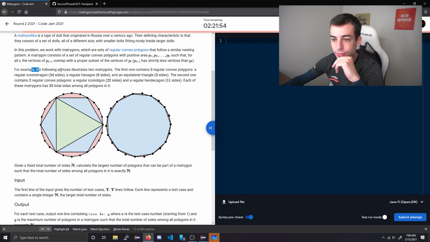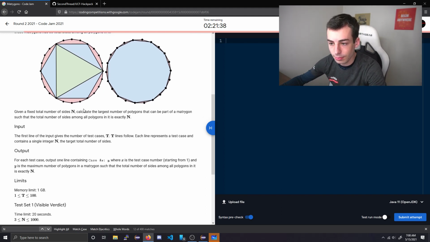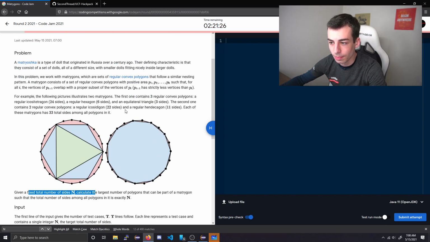Okay. We've got 2 matrigons. Yeah, first contains 3 vertices. Given a fixed total number of sides, okay.